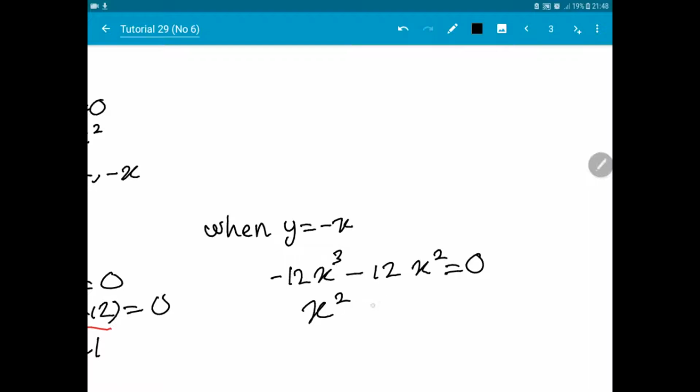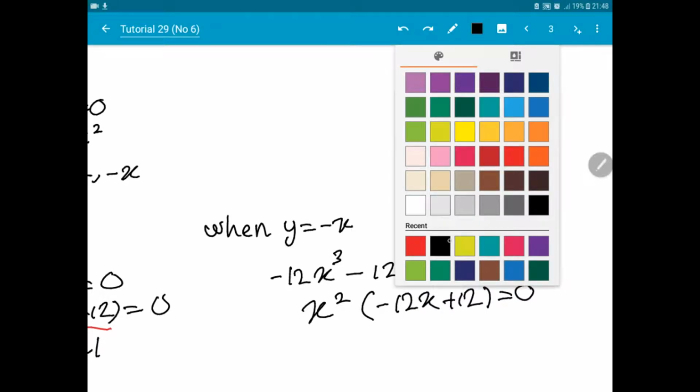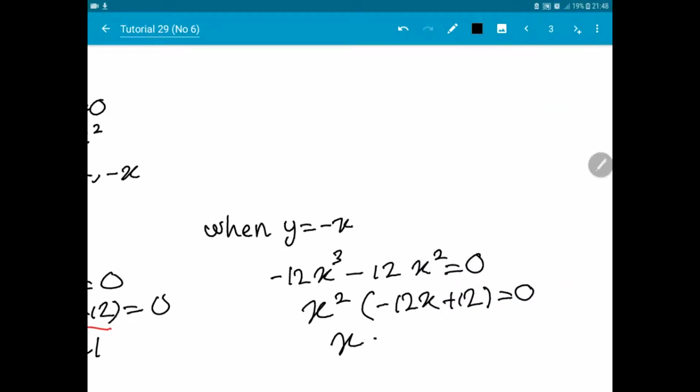This is also like the previous one, we will factor this and get our x equal to 0 and 1.